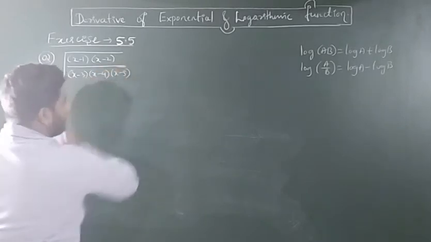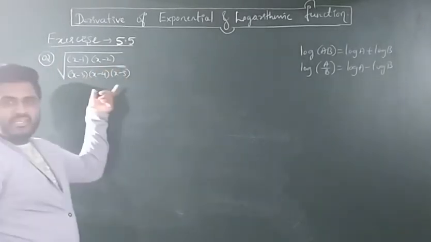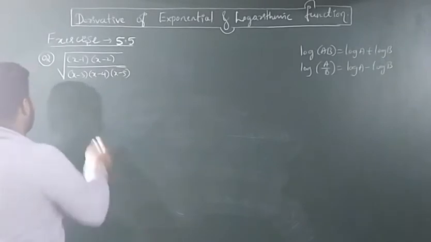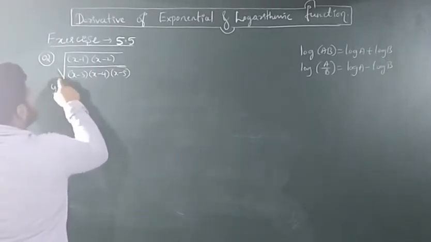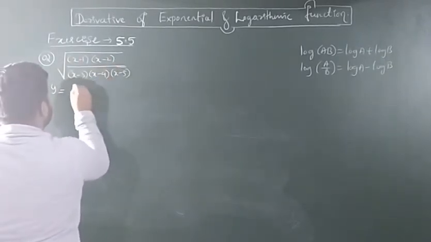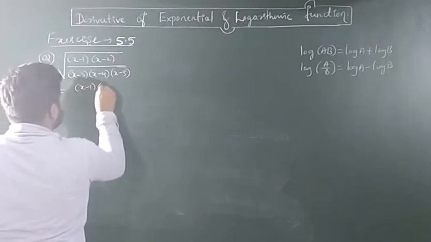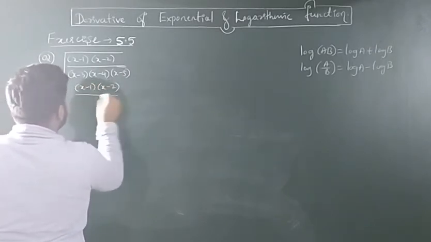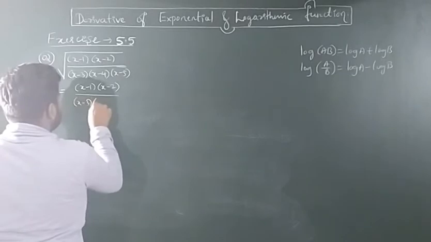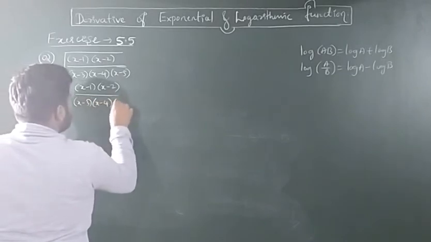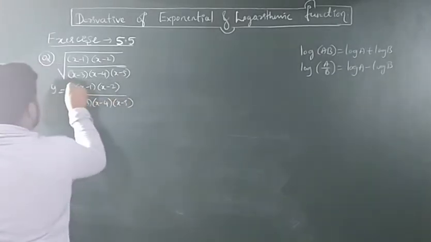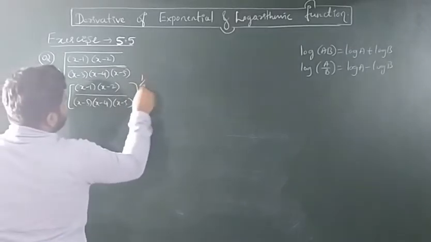So whatever the given function is, write that as y equal to, instead of writing square root, I will write x minus 1 into x minus 2 whole divided by x minus 3 into x minus 4 into x minus 5, whole to the power 1 by 2.